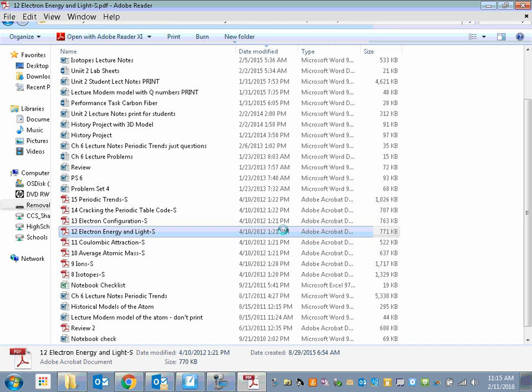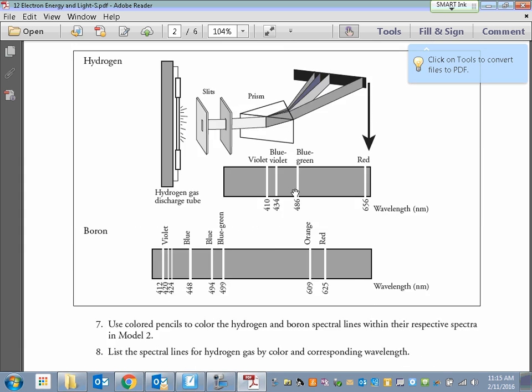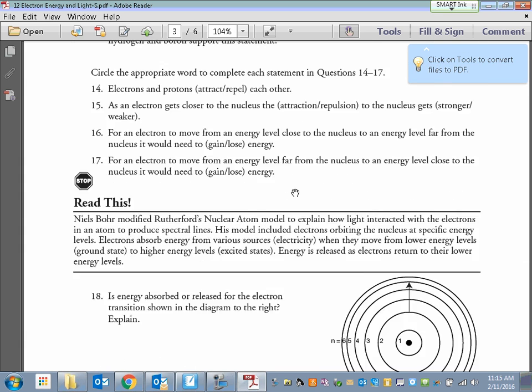Okay, just saw that zoned out look there. Speaking of absorbing light. You guys up there?